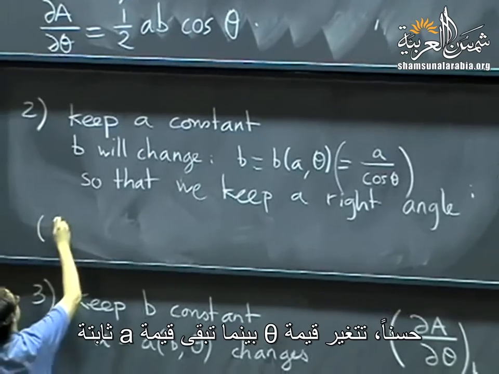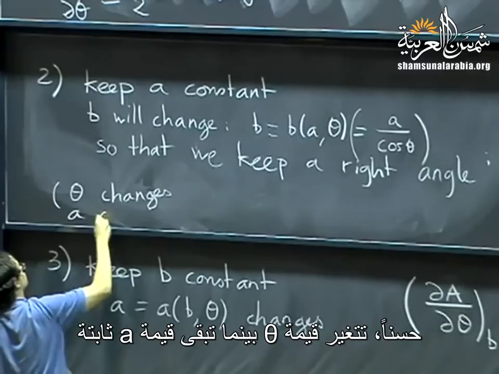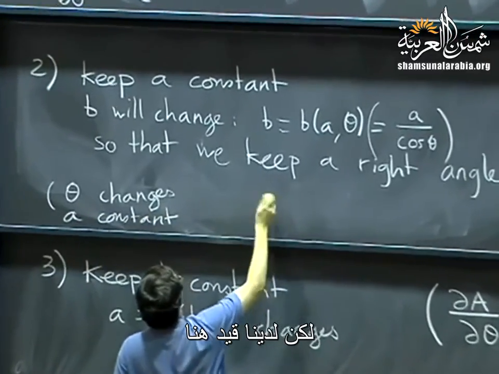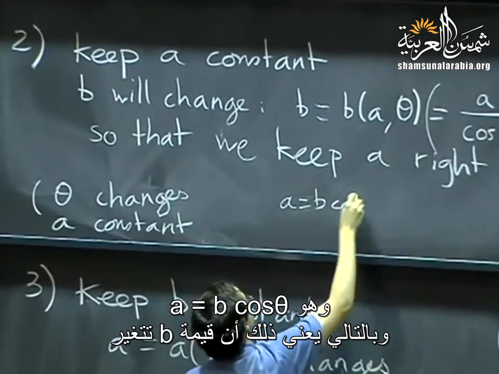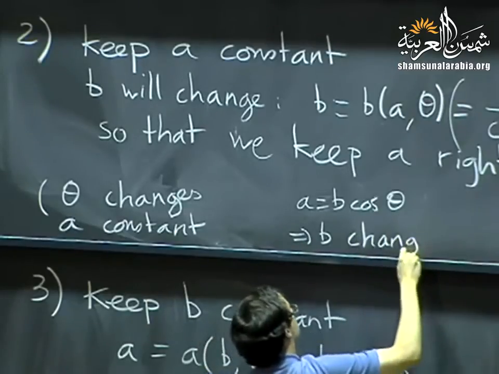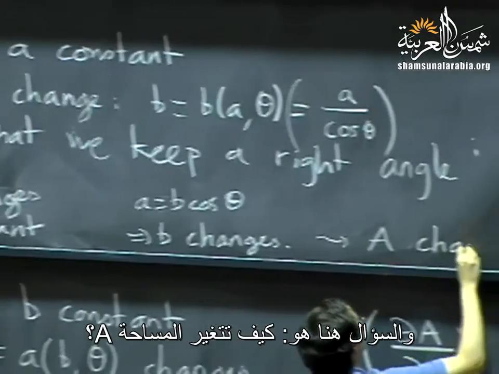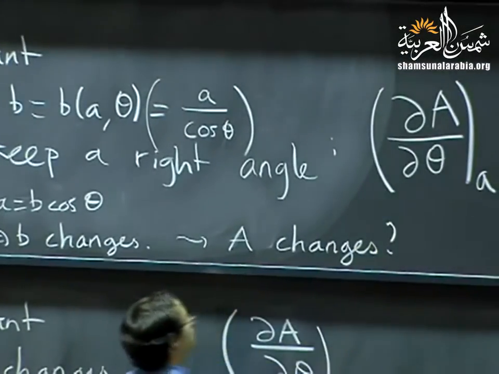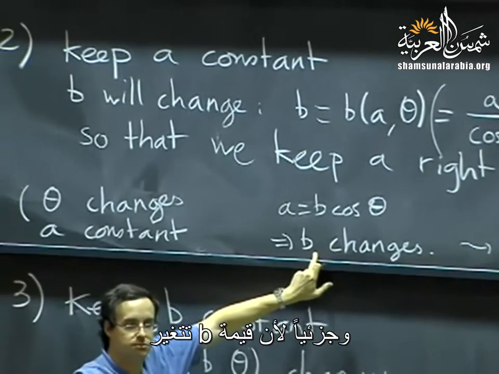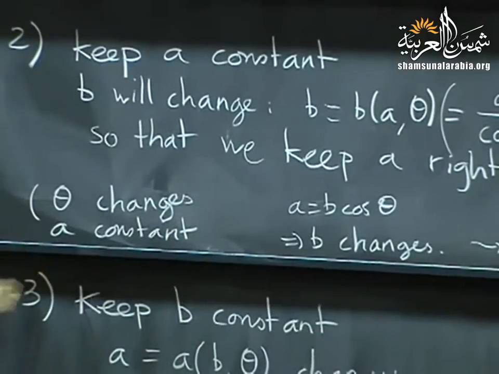Theta changes, A is constant, but we have the constraint A equals B cosine theta. That means that B changes. And then the question is, how does A change? Well, it will change in part because theta changes and in part because B changes. But we want to know how it depends on theta in this situation.